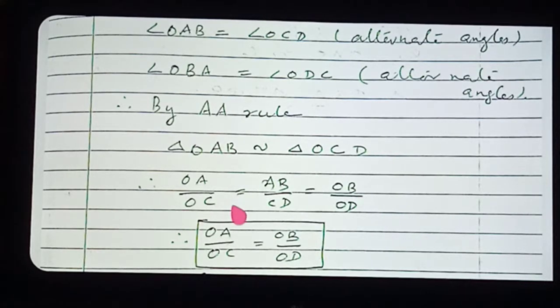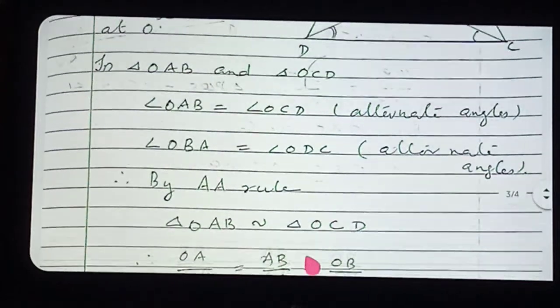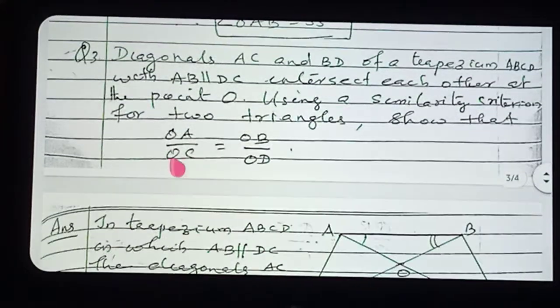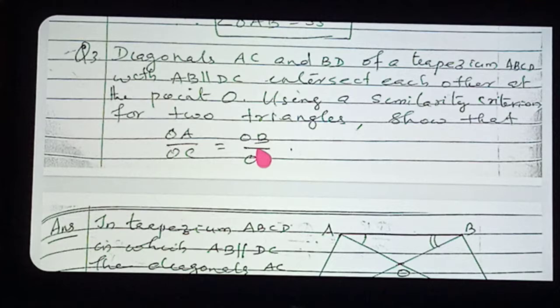But only take what you need. Which do you need? First and last only. So, combine them: OA by OC is equal to OB by OD. Now you go to your question, what you want to prove. See here. OA by OC is equal to OB by OD is all you want to prove. Okay, got the method clear?